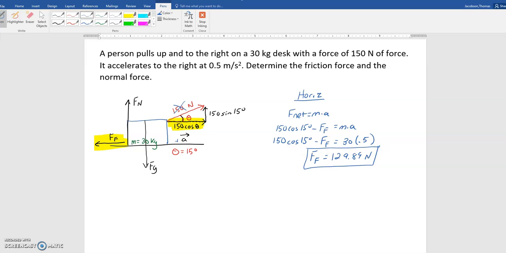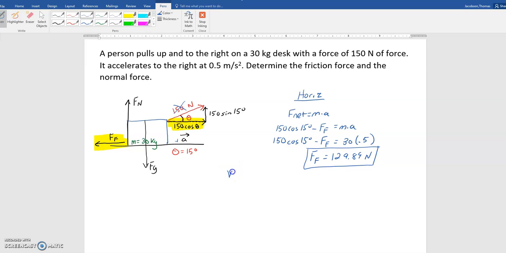Let me just go ahead and make sure that's correct, sorry. 30 times 1/2, and then I'll subtract off 150 cosine 15, and then divide both sides by -1, and it comes out positive, correct, 129.89. So that's my friction force.